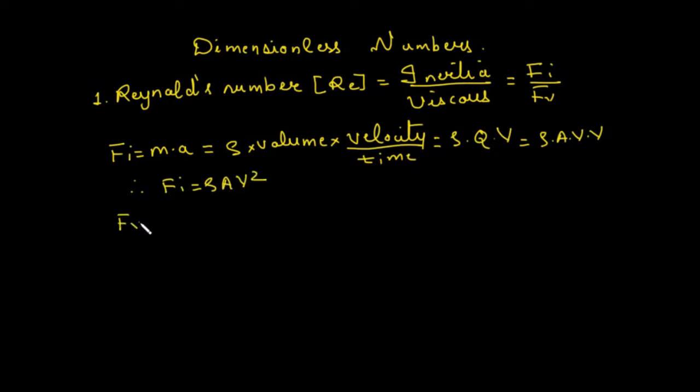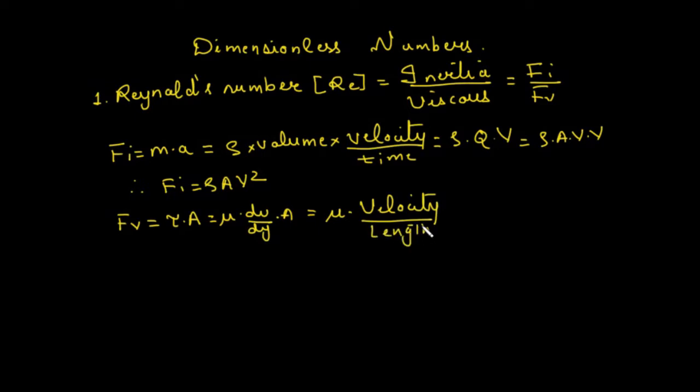Also, the viscous force is given by Fv is equal to tau into A, where tau is the shear stress and A is the contact area, and according to Newton's law of viscosity, the shear stress is given by mu into du by dy, then into A. So mu into du is nothing but the change in velocity upon change in length, into the area.